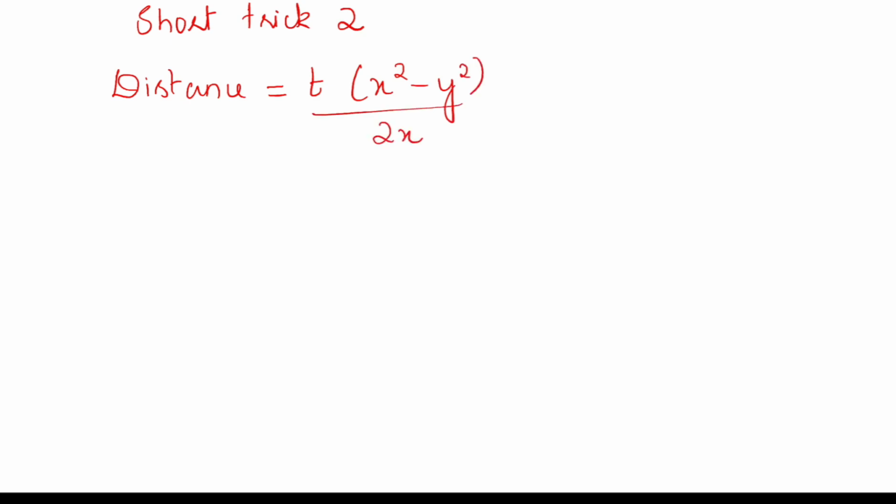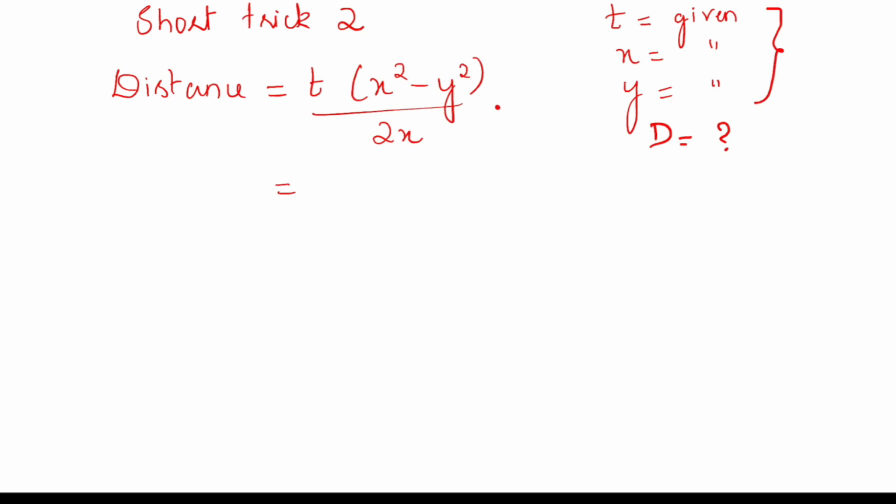This formula works when total time is given, and x is given and y is given. When distance is asked and these three things are given, we can directly use this formula and find the answer.